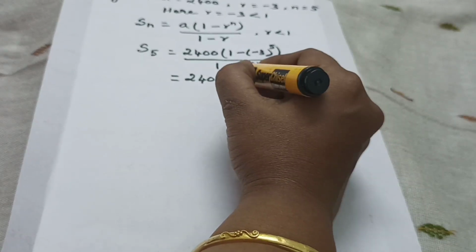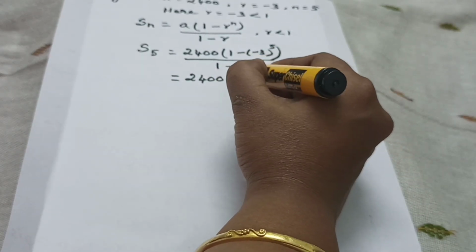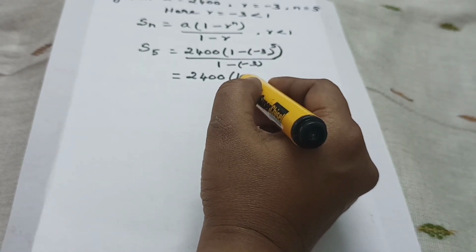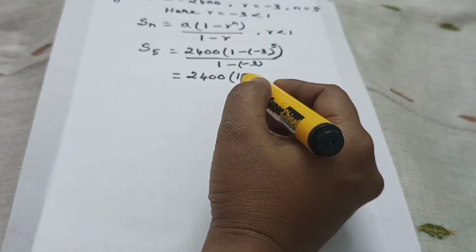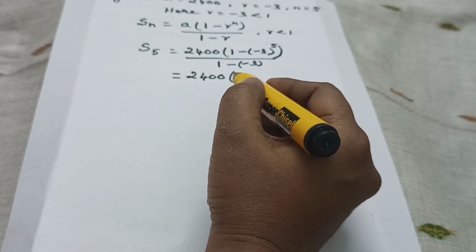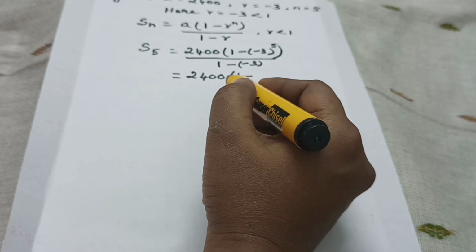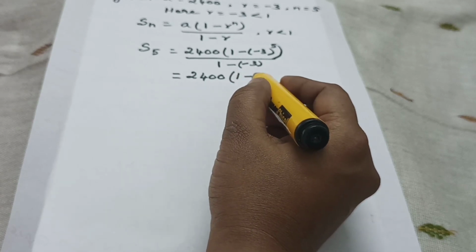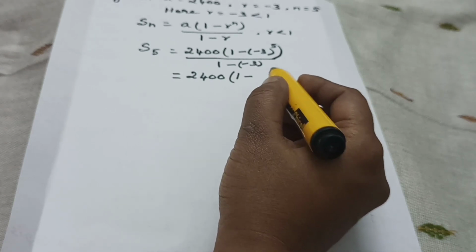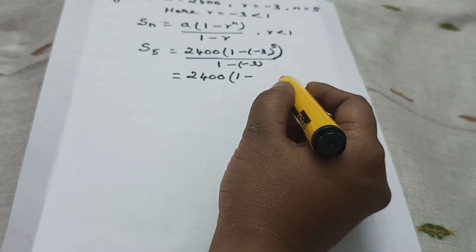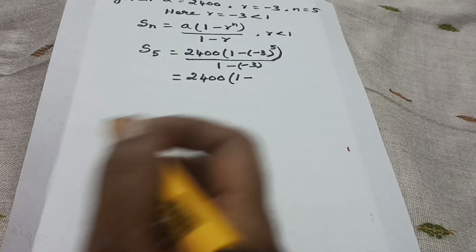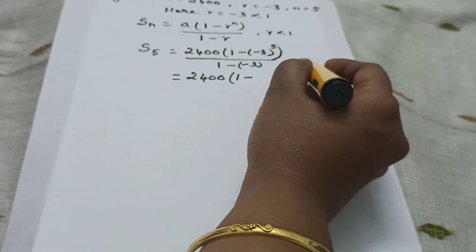Then equal to 2400 into, okay, then minus 3 the whole power 5 is minus 3 into minus 3 into minus 3. How many times do you want to multiply? 5 times. Then 3 3s are 9, 9 3s are 27, 27 into 3 is 81.